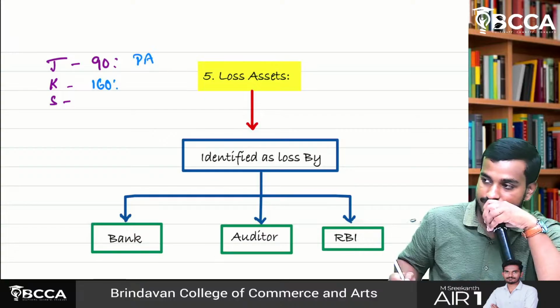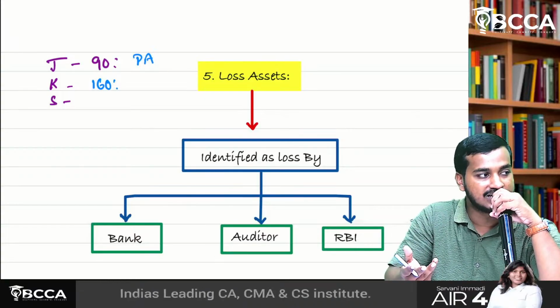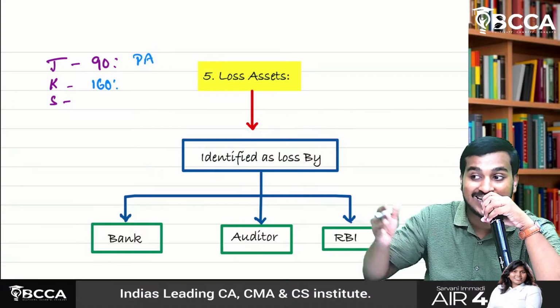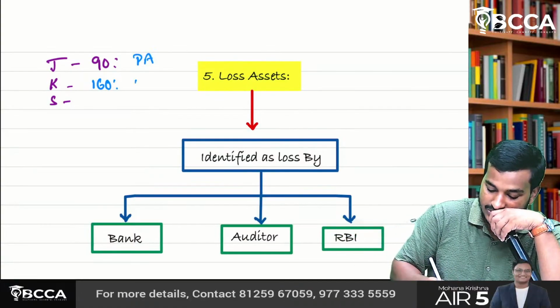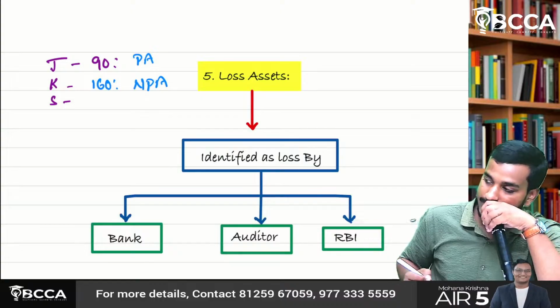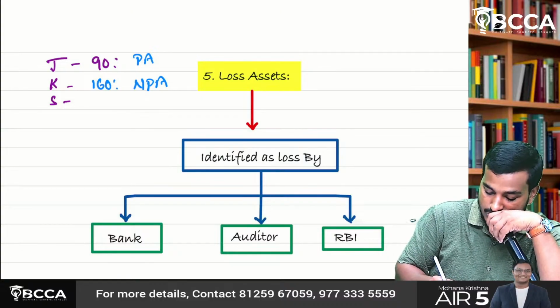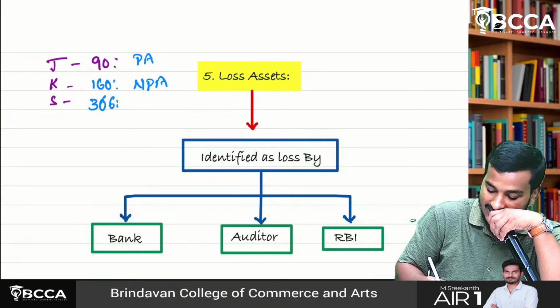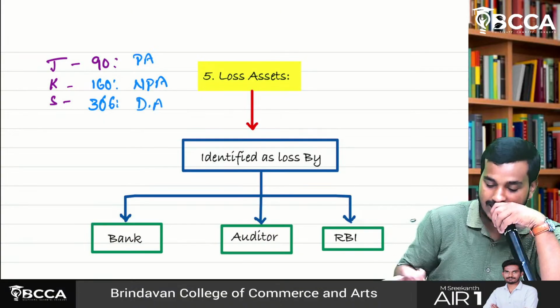Tell me, NPA obviously. In NPA which category? Substandard, because 1 year is not yet completed. And Sudha, 366 days. She will be called a doubtful asset.